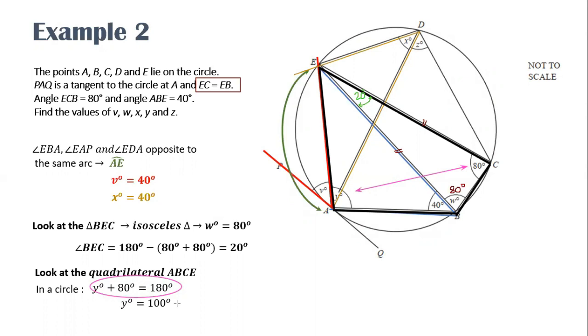So Y degrees is 100 degrees. Is it right? Good. Students, angles E, A, B, and C are angles at circumference, right? Next. Okay, good.